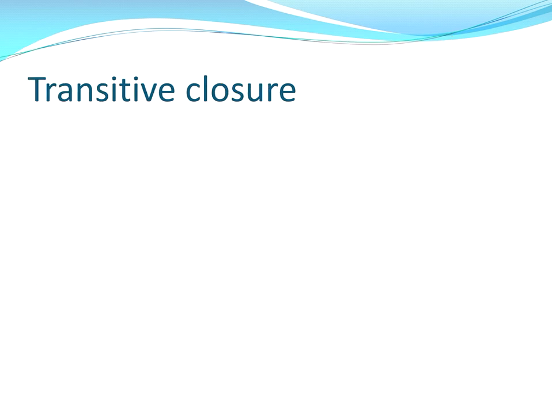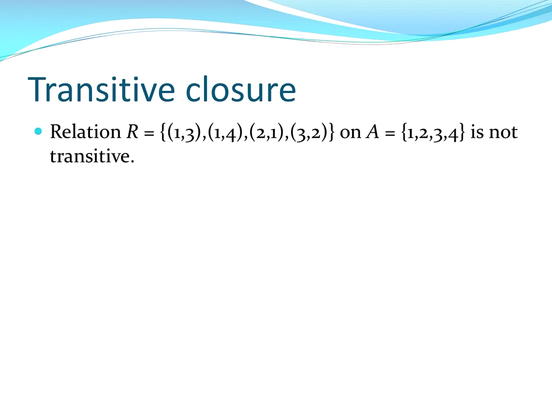All right, now the transitive closure. Here's an example, again on the set A being 1, 2, 3, and 4. And I say that it is not transitive. What is it missing? I see a (1, 3) and a (3, 2), but I don't see a (1, 2).